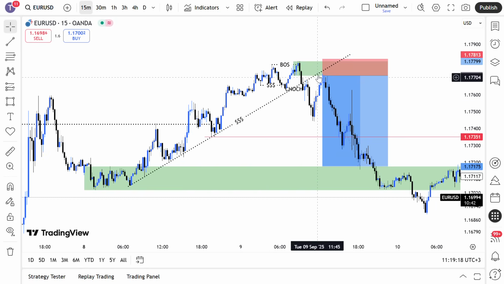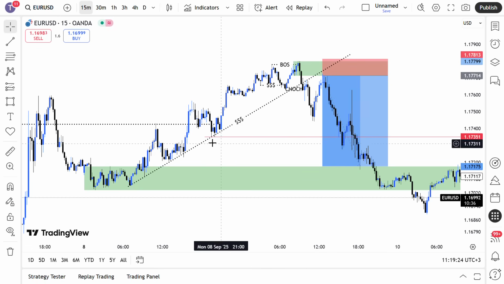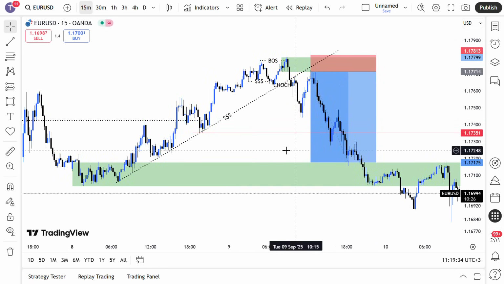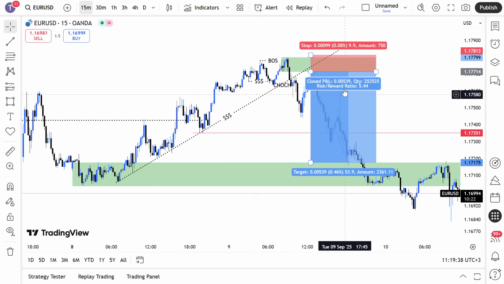So that is why we entered from this level, and the take profit was below these liquidity levels. So the market could have, let's say, maybe taken out this low's liquidity and then had a reaction to the upside. And you can see clearly when the market took out this low's liquidity, you can see the reaction. We had this pullback to this high.